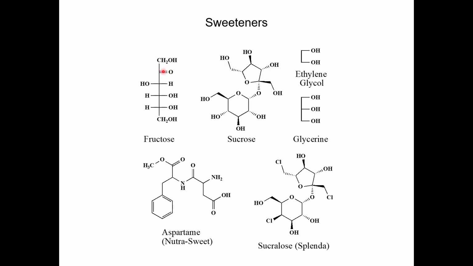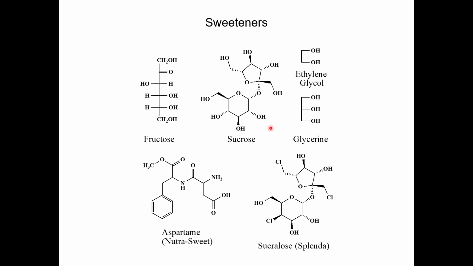I know that I just said that fructose has this ketone going on here, but it can get rid of it by going through a small chemical reaction in order to make this 5-membered ring. It's not a 5-carbon ring, it's a 5-membered ring. So again, sucrose is a dimer of glucose and fructose together.